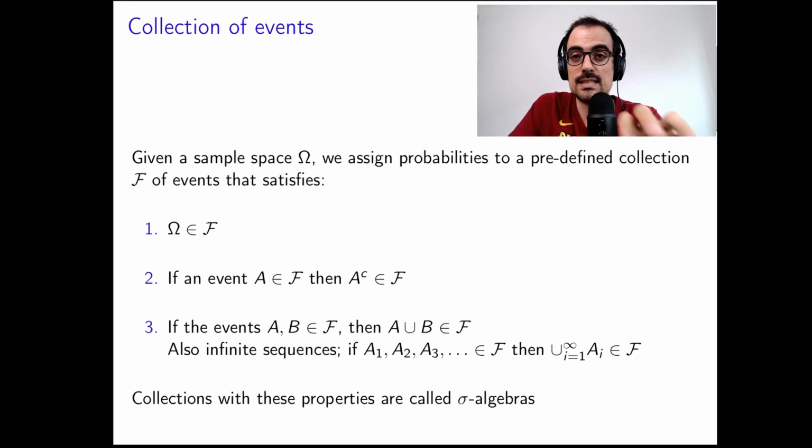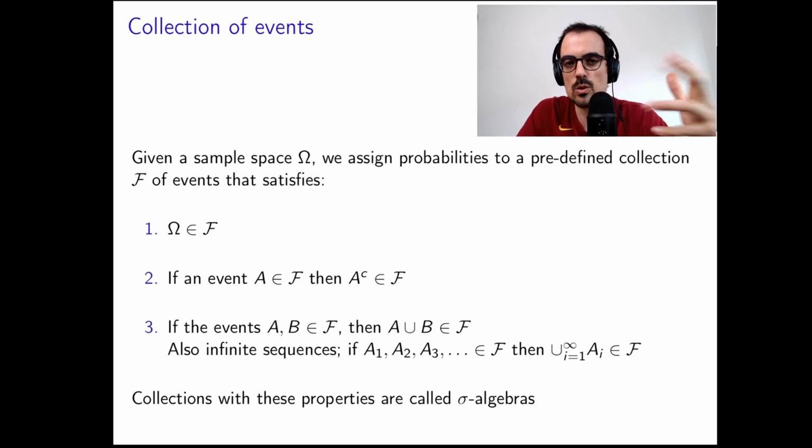A collection that has these properties, a set of sets that satisfies properties 1, 2, and 3, is called a sigma algebra. When I started studying probability, this would be the beginning of the course. They would tell us, okay, let's start by defining sigma algebras.